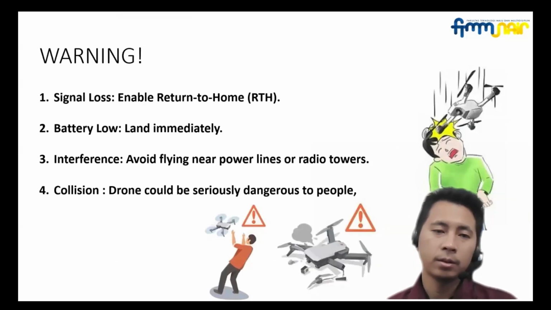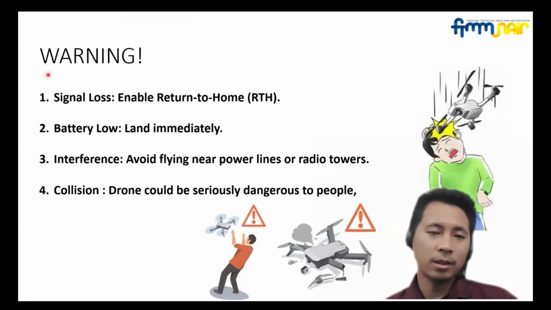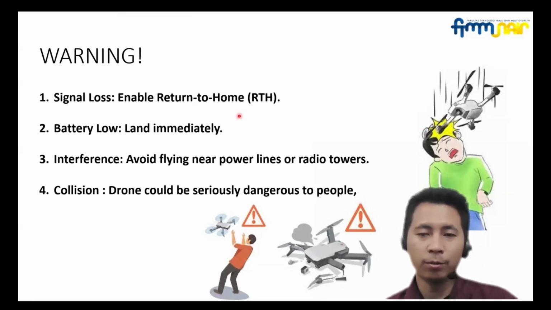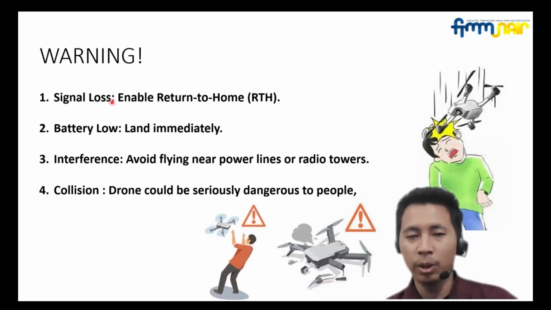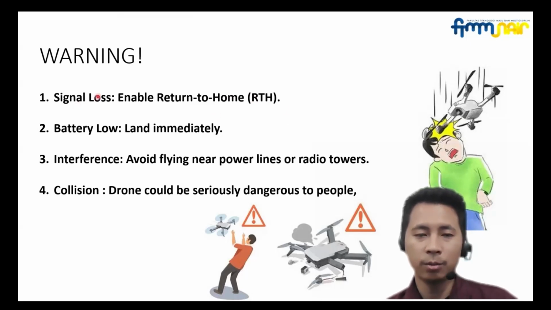And some warnings for you guys. First, I think this is very important: if you have signal loss, make sure that you enable the return to home fail-safe system. All drones now have this kind of fail-safe system.